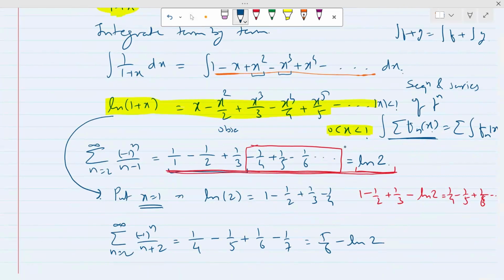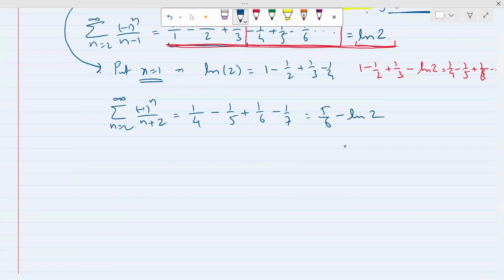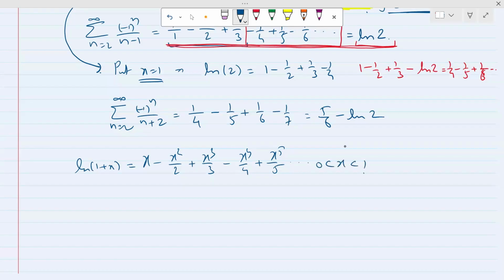The expression on the right-hand side is x minus x square by 2 plus x cube by 3 minus x to the 4 by 4 plus x to the 5 by 5, and this equals ln of 1 plus x for minus 1 less than x less than 1, mod x less than 1.